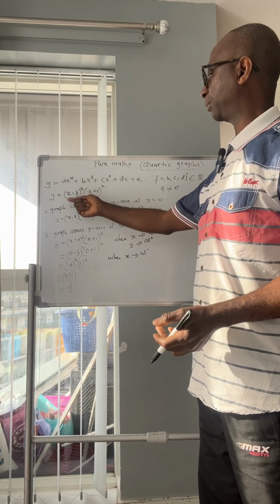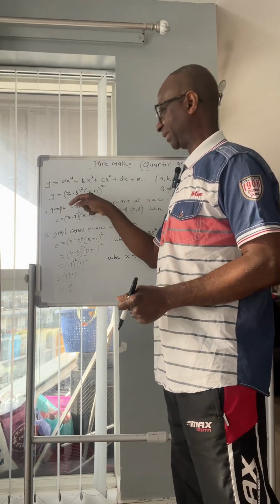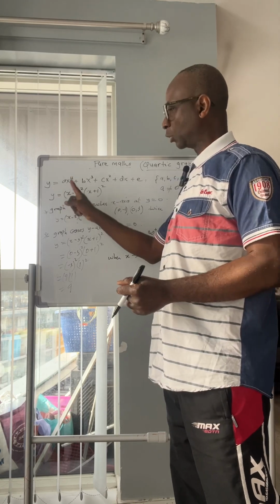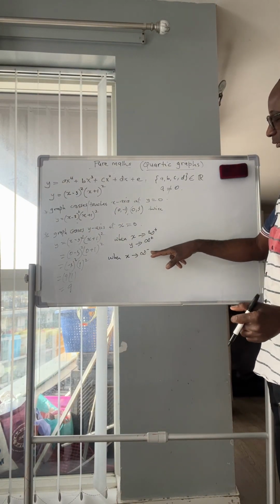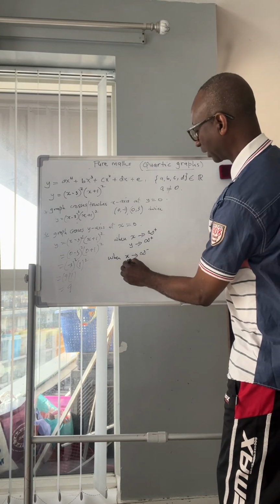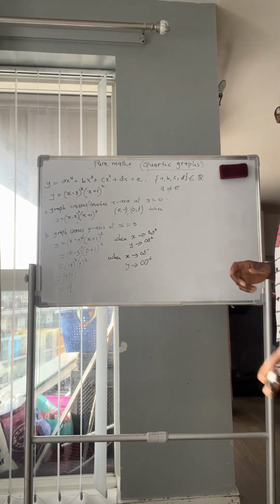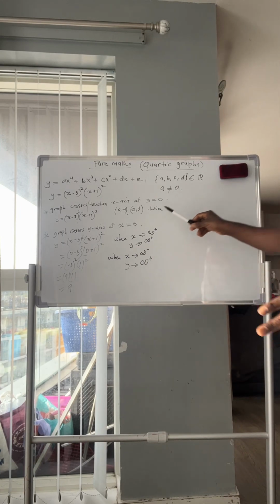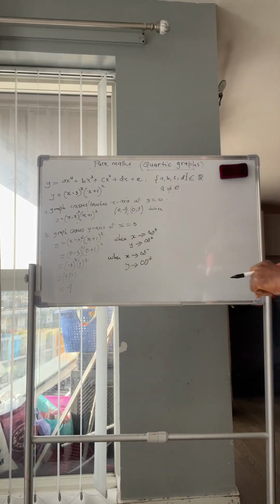So you're going to get plus plus. So no matter what the negative value of x is, your y value is always going to be positive. So therefore, when x approaches minus infinity, y will approach plus infinity. So once you figure this out, then it's easy now to sketch the graph.